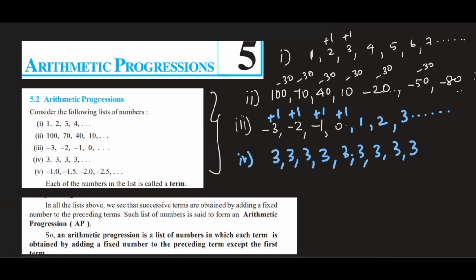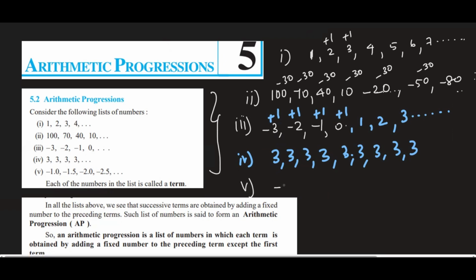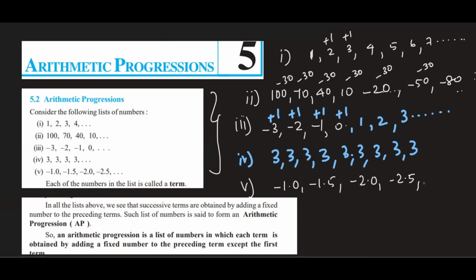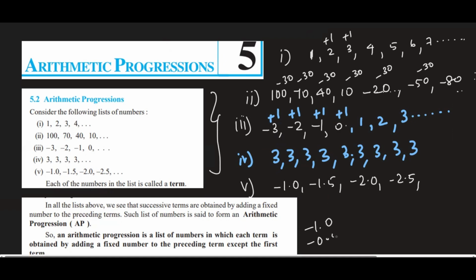Now the last example, example 5. Example 5 is minus 1.0, minus 1.5, minus 2.0, minus 2.5, and what will be the next term? How are they getting this? Basically, they are adding minus 0.5 to each term. So minus 1.0 minus 0.5 will give me minus 1.5.